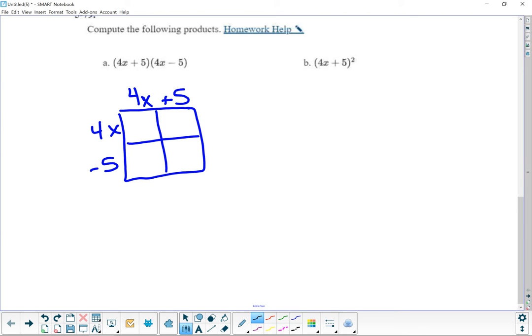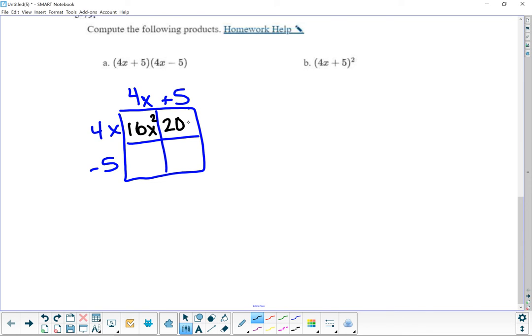Okay, and this makes 4 times 4 is 16. X times x is x squared. There's two of those. Okay, and we're multiplying it, so they double up. Okay, 4x, so we're working on this one right here, which is going to involve the 4x and the 5. So 4 times 5 is 20.